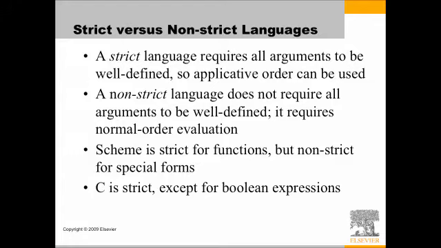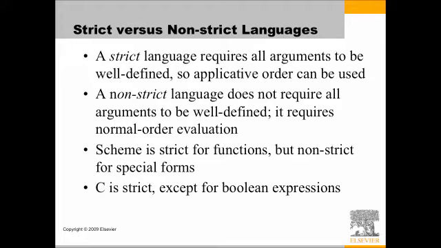By contrast, a non-strict language does not require all arguments to be well defined, and it would require normal order evaluation. As we just saw, since Scheme uses applicative order evaluation for its lambda functions, it's strict for functions, but it's not strict for its special forms.